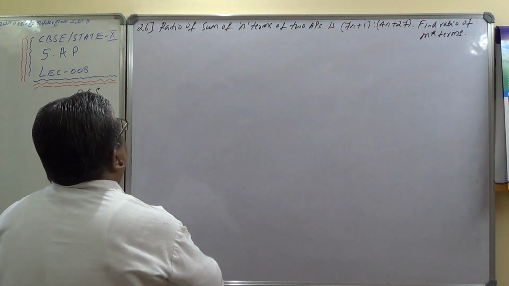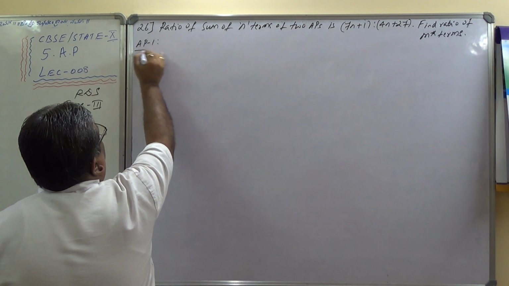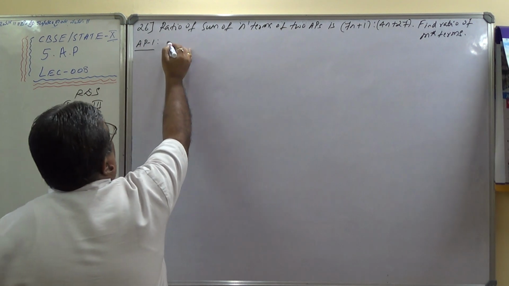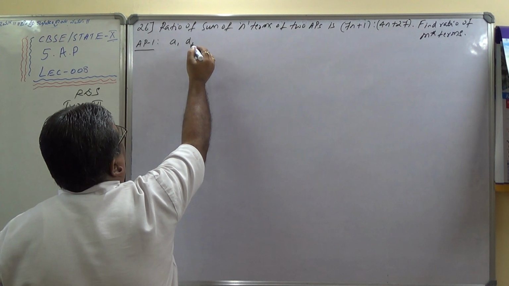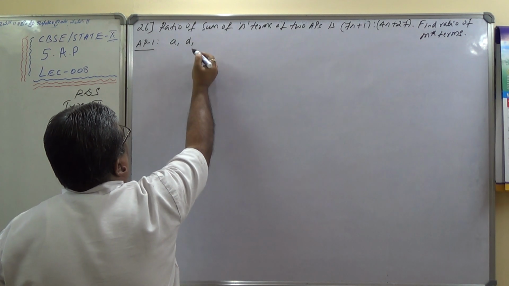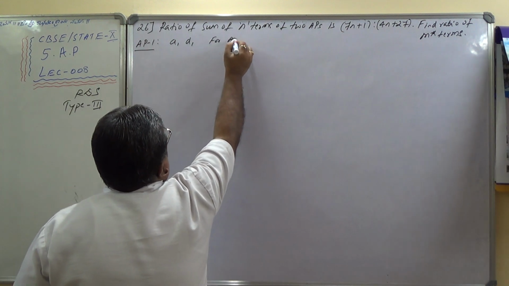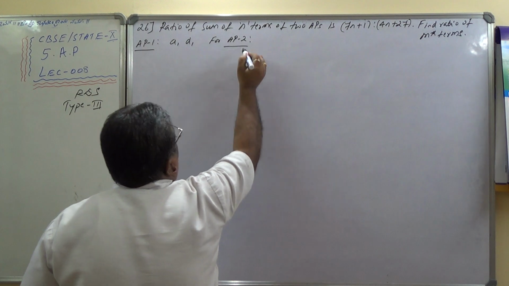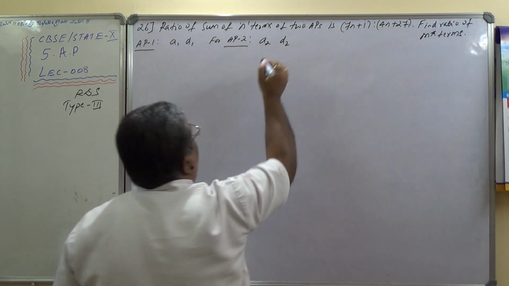So let's see here. For AP1, let A1 and D1 be the first term and common difference, and for AP2, A2 and D2 be the first term and common difference.